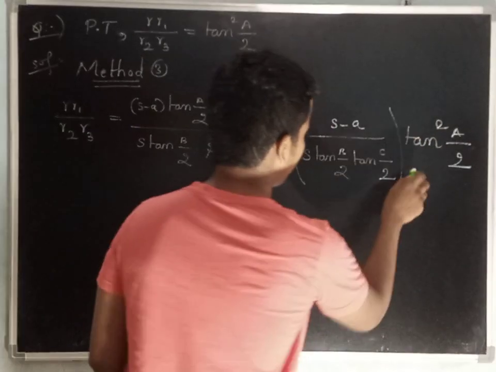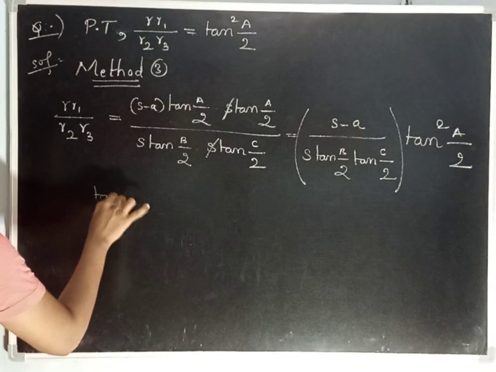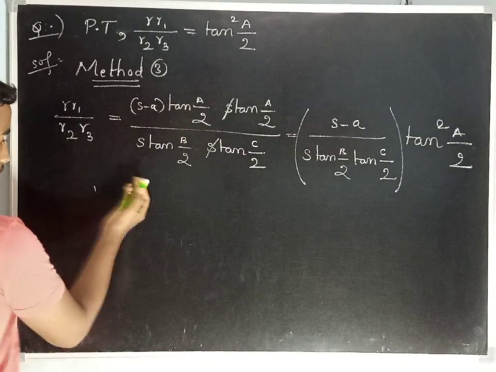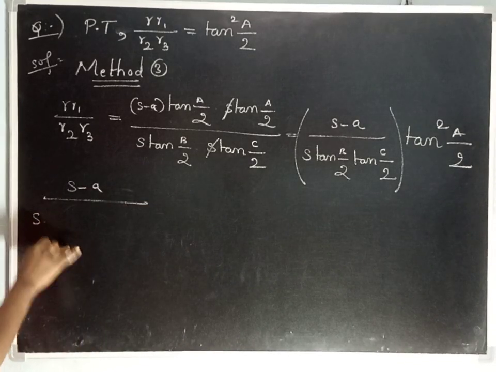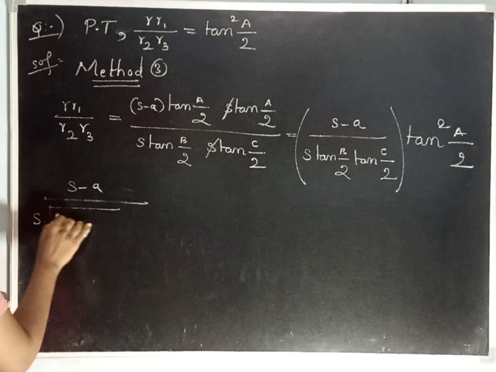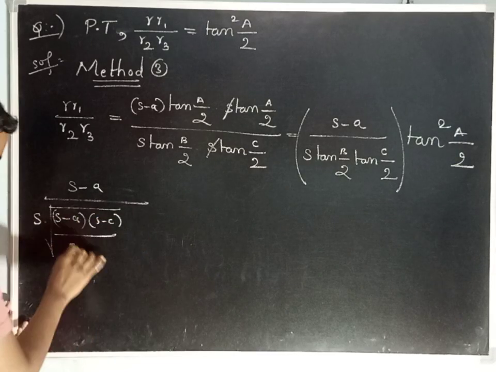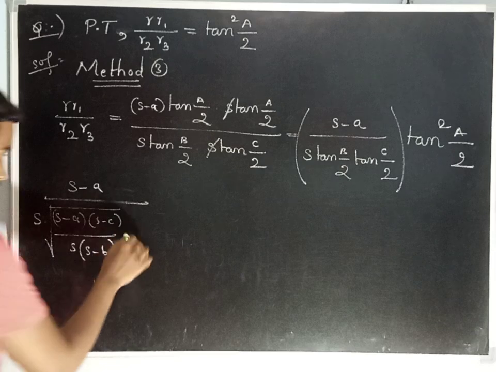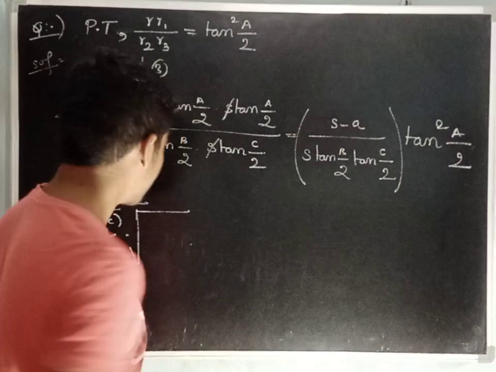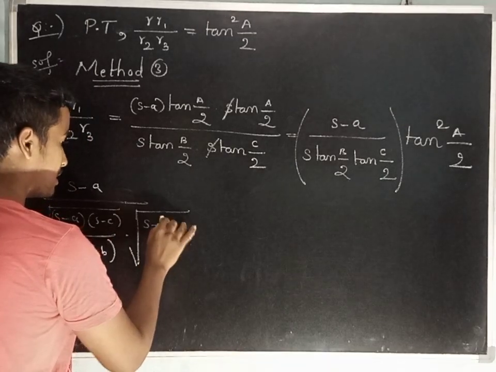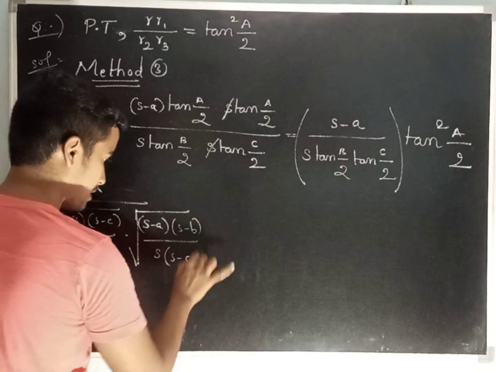Here we need to simplify this part, tan B by 2 into tan C by 2. That is s minus a by s into root of s minus a into s minus c by s into s minus b, into root of tan C by 2, which is s minus a into s minus b by s into s minus c.